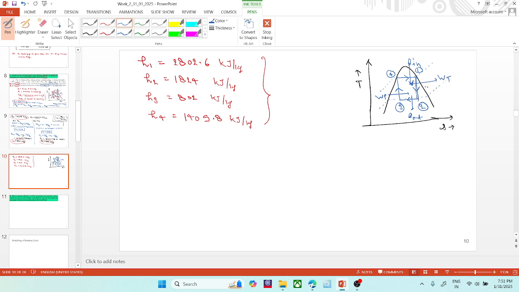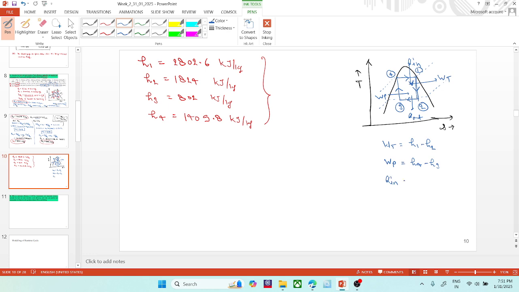Now we can find all these values. What would be the turbine work? WT would be H1 minus H2, and WP, the pump work, would be H4 minus H3.